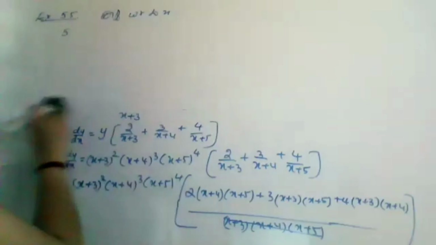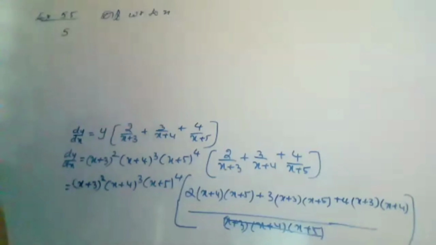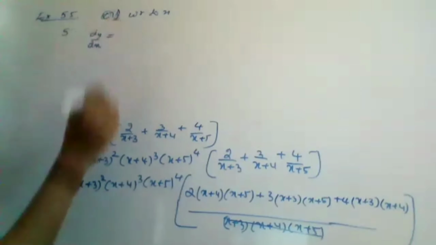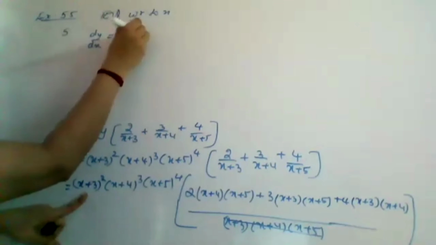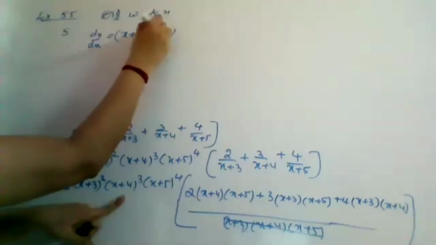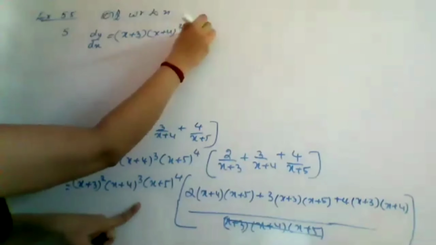That you can simplify further. This will become dy by dx equal to, here you will have x plus 3 only, as 1 has been cancelled. This will become x plus 4 the whole square, x plus 5 the whole raised to 3.